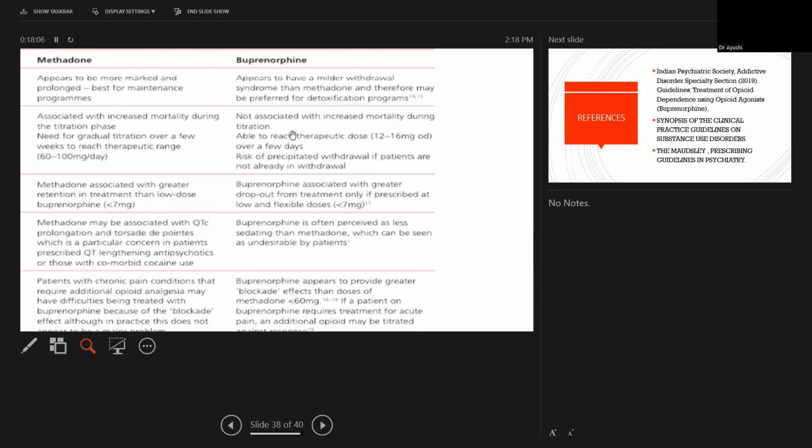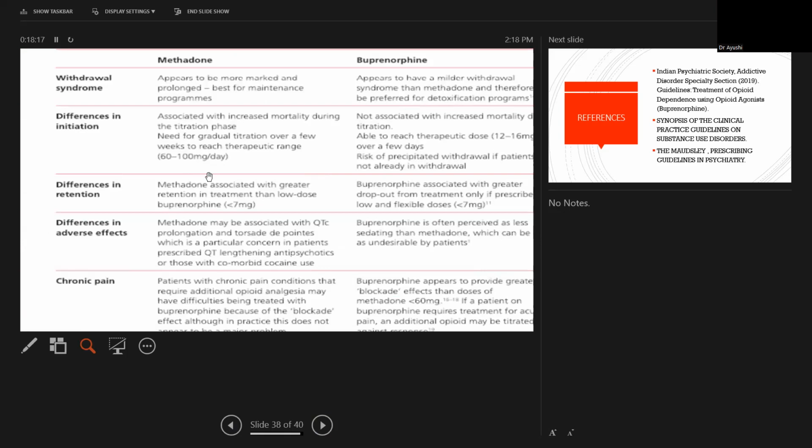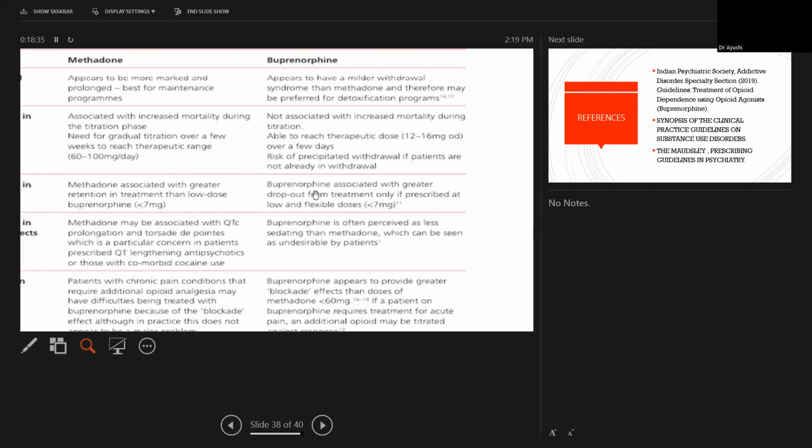Buprenorphine appears to have a milder withdrawal syndrome than methadone, and therefore may be preferred for a detoxification program. Now, the difference in initiation: methadone is associated with increased mortality during the titration phase, with a need for gradual titration over a few weeks to reach the therapeutic range of 60 to 100 mg per day. Buprenorphine is not associated with increased mortality during titration, and is able to reach therapeutic doses of 12 to 16 mg OD over a few days.